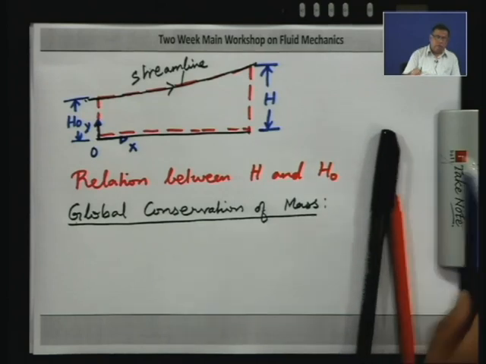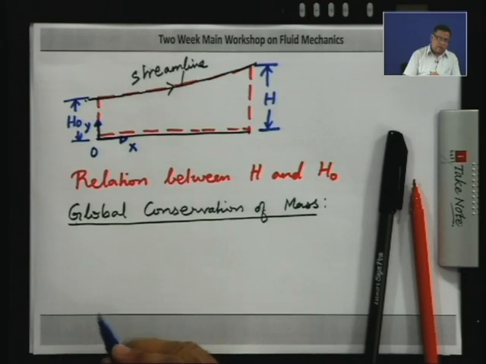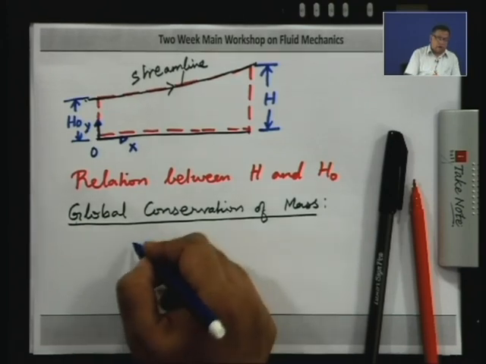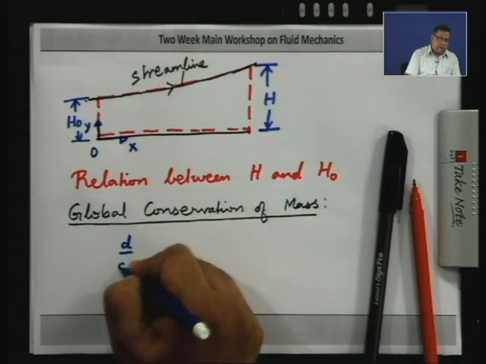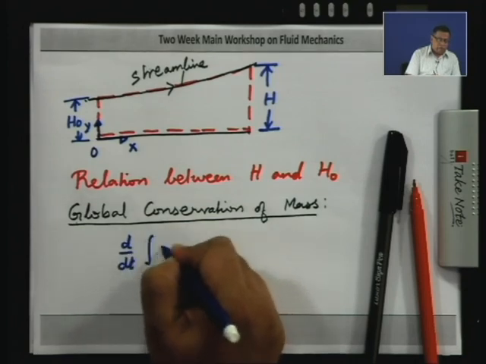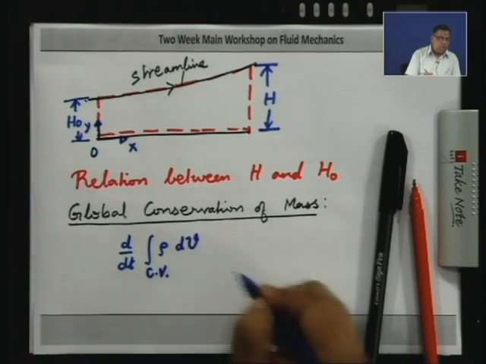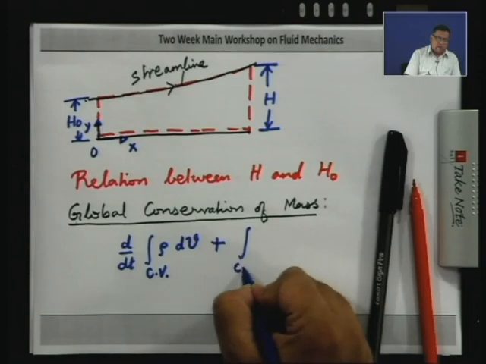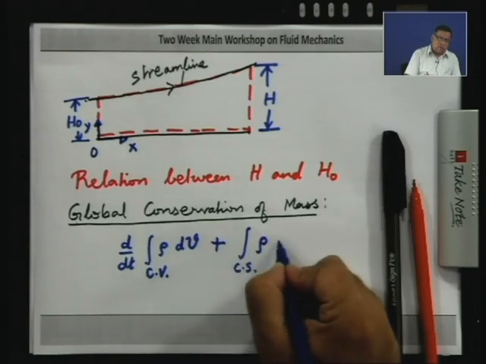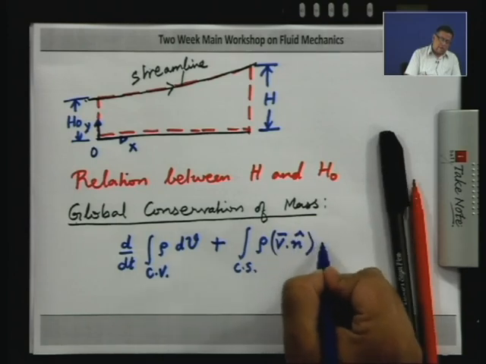Now, if you recall the Reynolds transport theorem, for conservation of mass, you are going to have d dt of integral of rho dV over the control volume plus integral over the control surface rho v dot n dA.